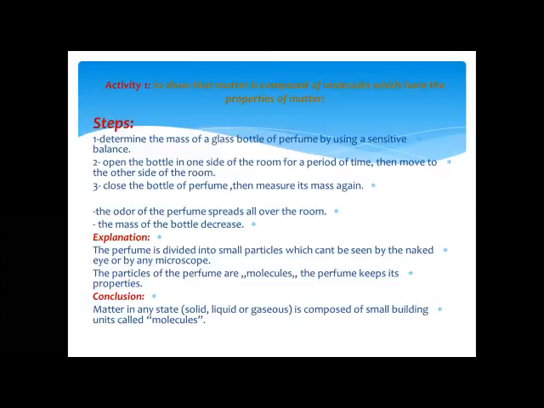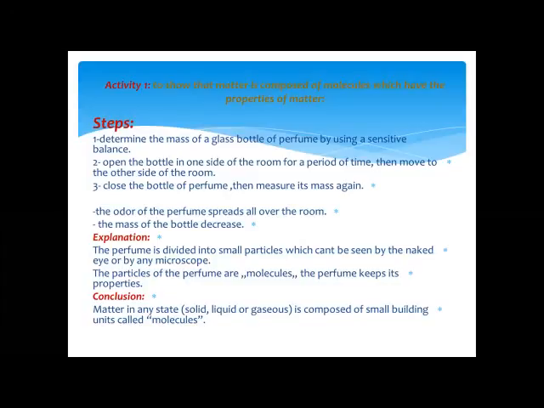What's your explanation, Miss? My explanation is that the perfume divided into small particles which cannot be seen by the naked eye. These particles of the perfume are molecules, which spread all over the room, and I can smell it. The perfume keeps its properties. What is meant by keeps its properties?